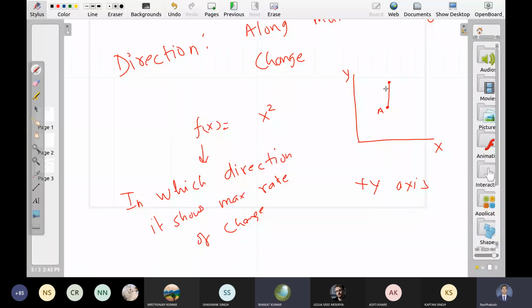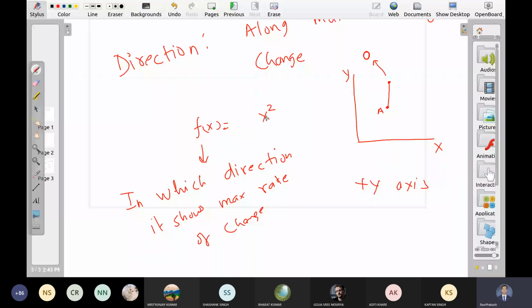How much is the change? Nothing. Nothing, because there is no y. x की जो वैल्यू यहाँ पे है वही वैल्यू यहाँ पे भी है. You increased y, but there is no y in this function. So this function does not change at all, right?